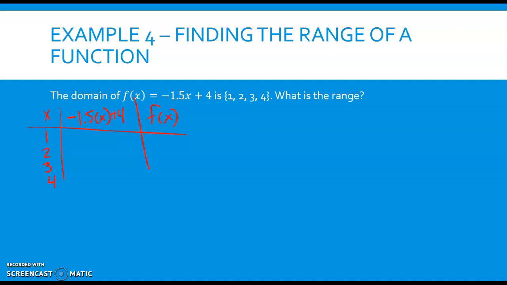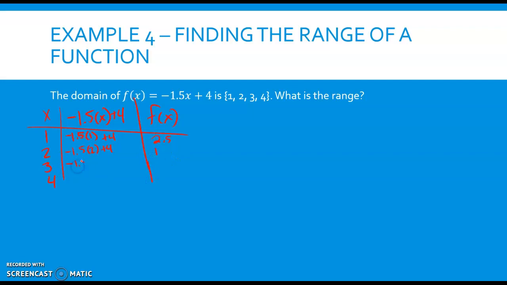So we're going to start this problem. We're going to plug in negative 1.5 times 1, because I'm plugging 1 in for x, plus 4. And when I plug that into the calculator, I get that my f of x is 2.5. And now I'm going to plug in negative 1.5 times 2 plus 4, and I end up with 1.